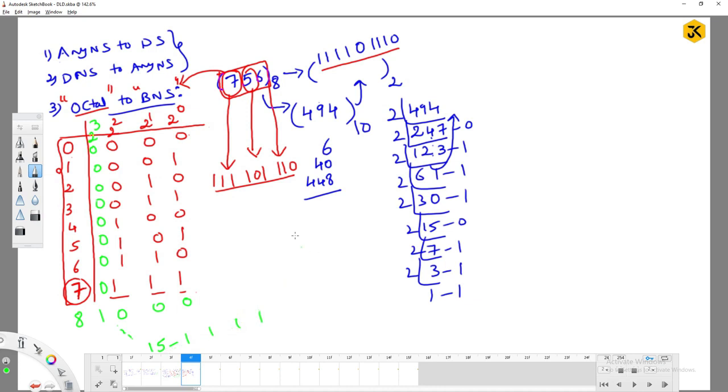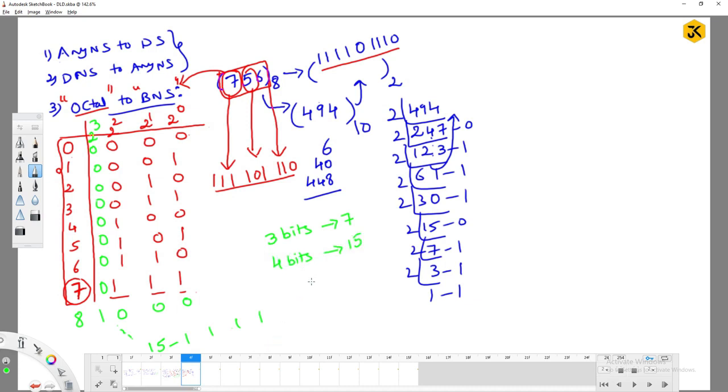So try to observe here, with the help of 3 bits, I can generate a maximum number 7. With the help of 4 bits, I can generate a maximum number 15.